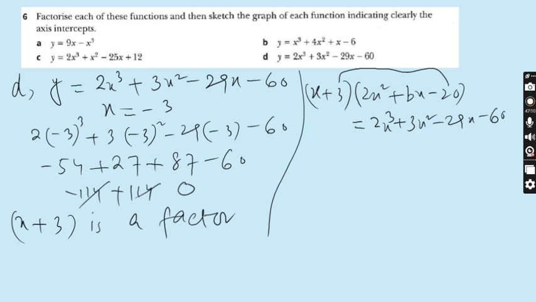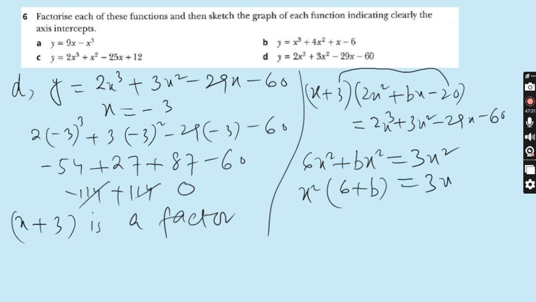Now take the coefficient of x square. 3 times 2x square gives 6x square, and x times bx is bx square, which equals 3x square. Taking x square common, 6 plus b equals 3, so b equals minus 3.